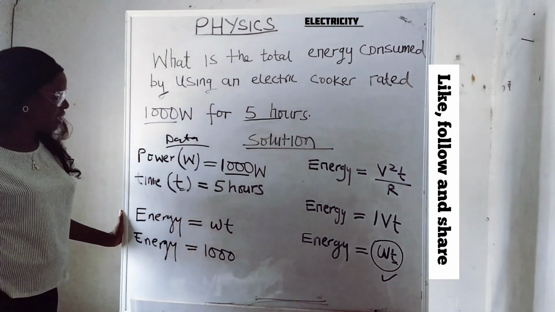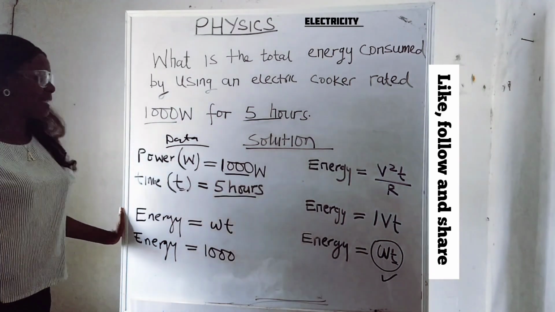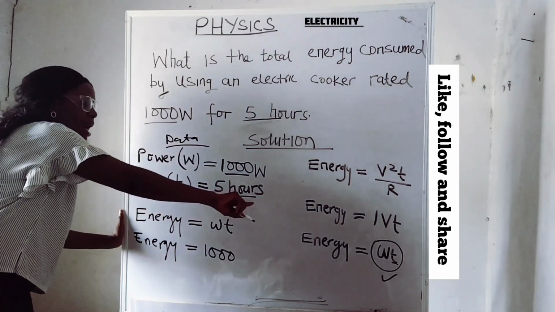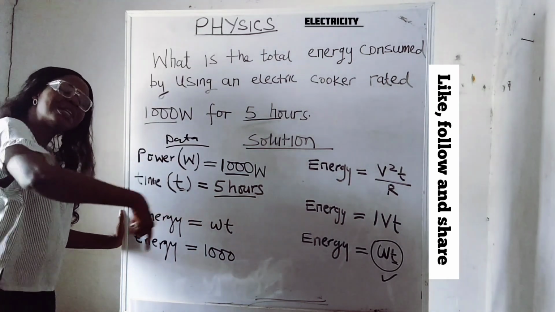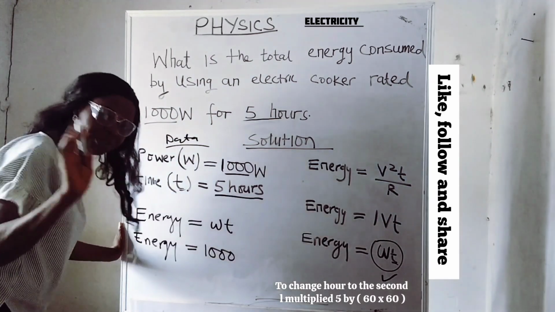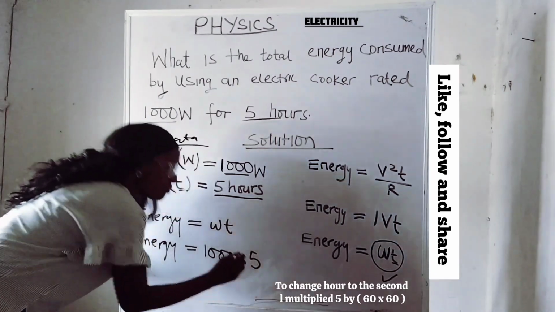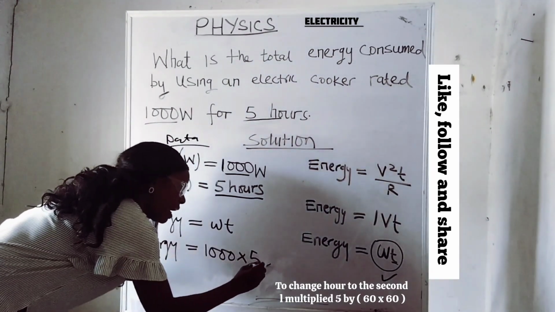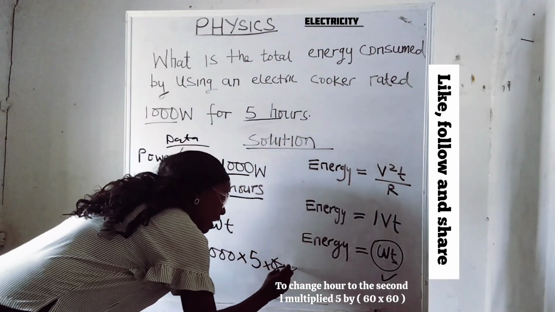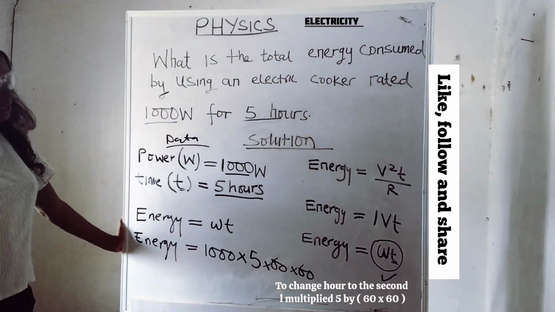Yes, they give us 5 hours as time. But you know that hours is not the standard unit of time. So for us to use this, we convert it to the standard unit of time, which is seconds. I write this 5 times 60 times 60 again, because I'm changing from hours to seconds.